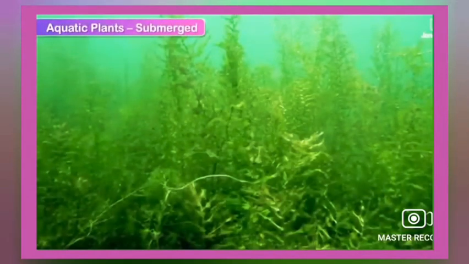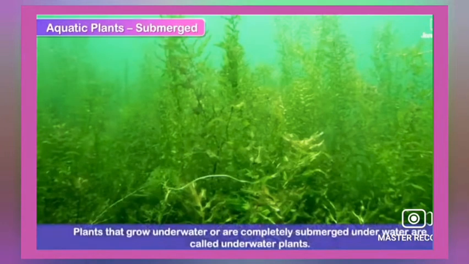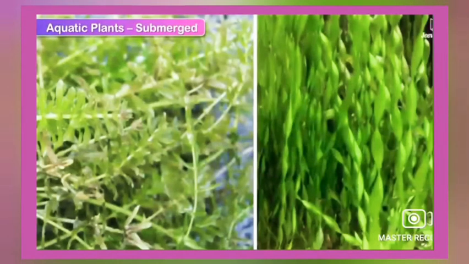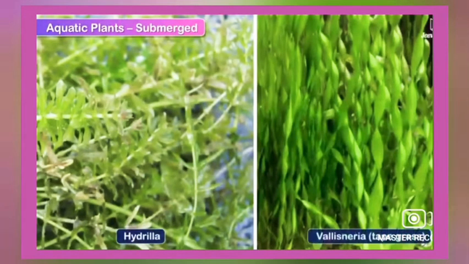Underwater or submerged plants. Plants that grow underwater or are completely submerged underwater are called underwater plants. Freshwater plants such as Hydrilla and Vallisneria, also known as tape grass, grow underwater.